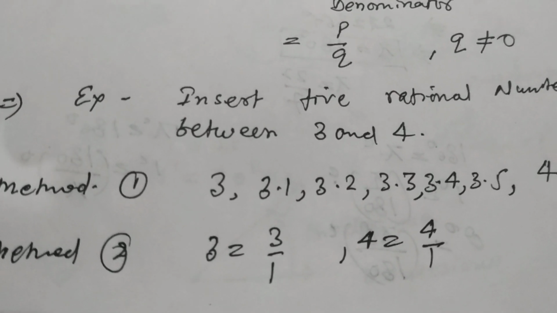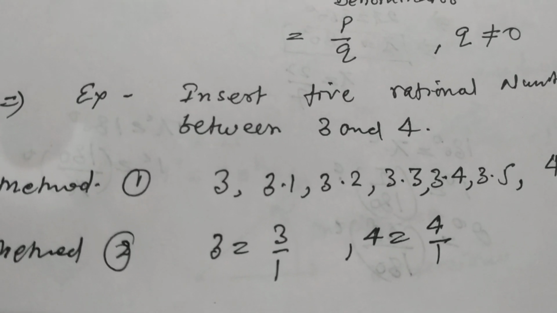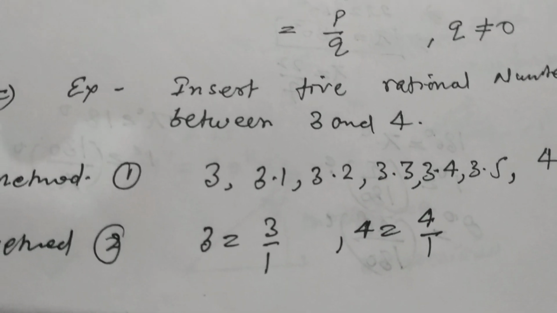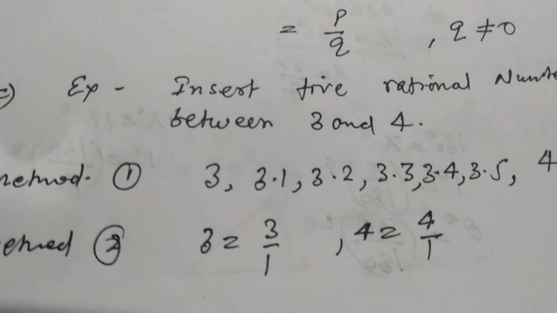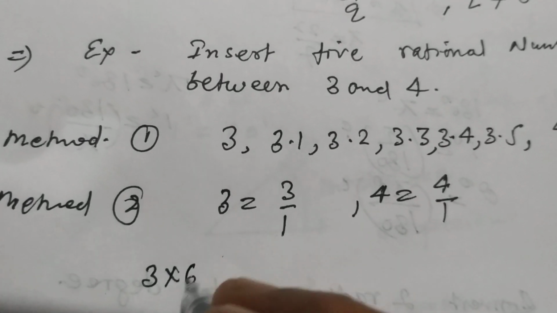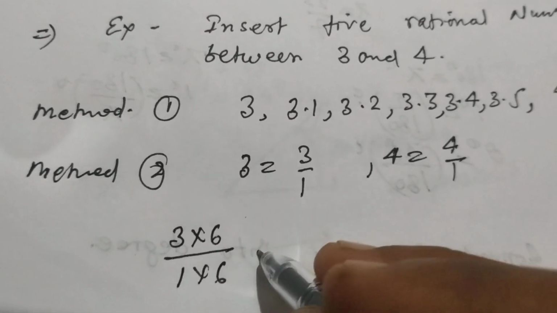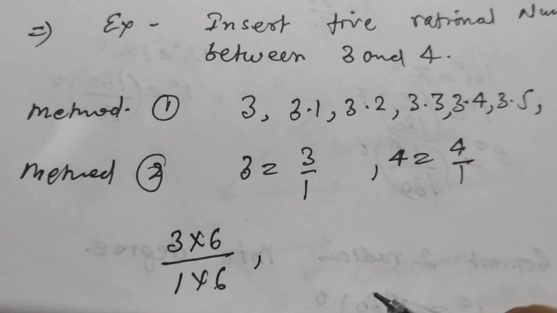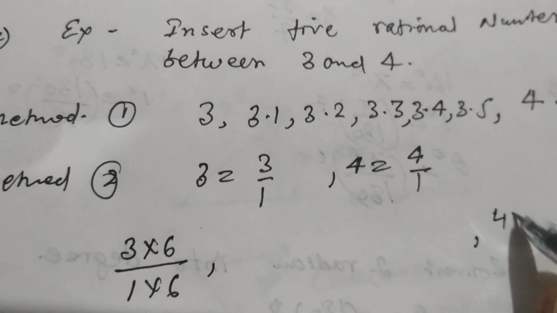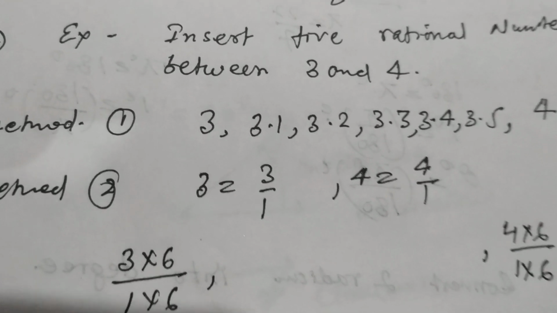Now multiply the numerator and denominator by 5 plus 1, that is 6. So we need at least 6 for the 5 rational numbers. Now 3 multiplied by 6 divided by 1 multiplied by 6, the fraction does not change. And the second one, 4 into 6 divided by 1 into 6.